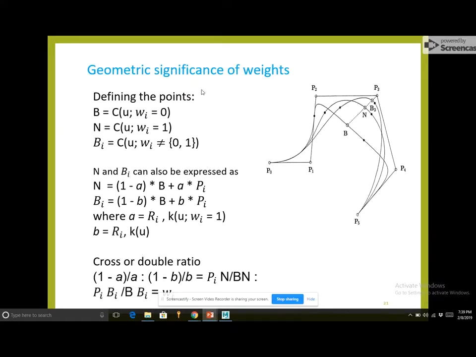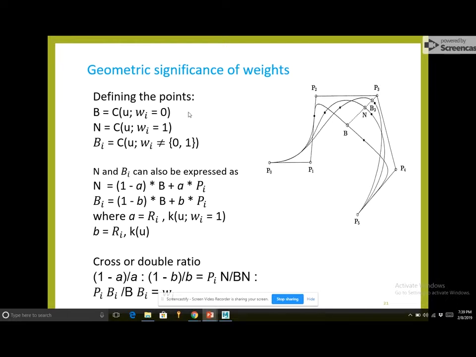Now here is the concept of the geometrical significance of weights on a NURBS curve. Here in this figure we can see how the weight is affecting the curve. So here we have 3 curves at different weights at point P3.